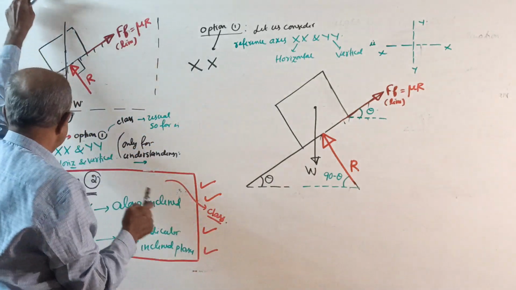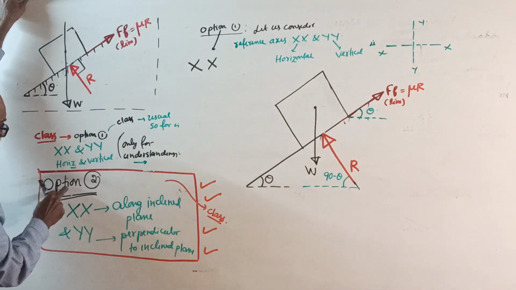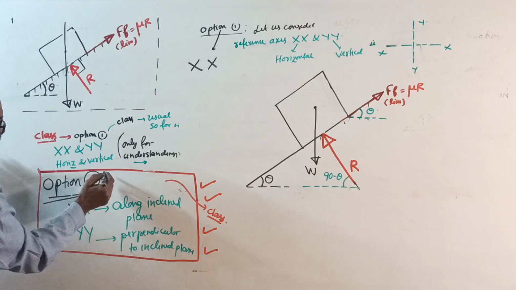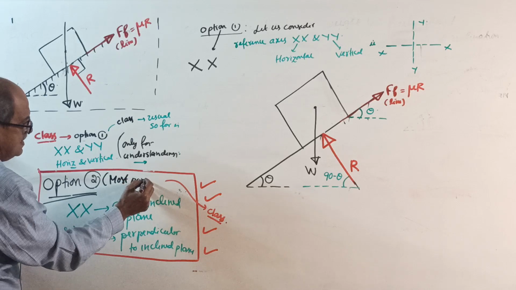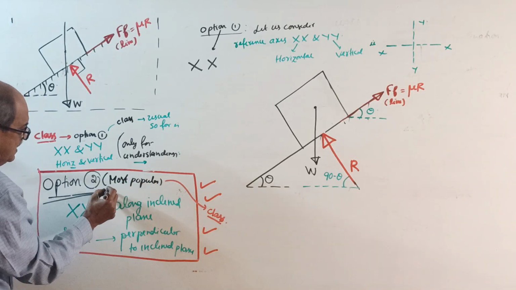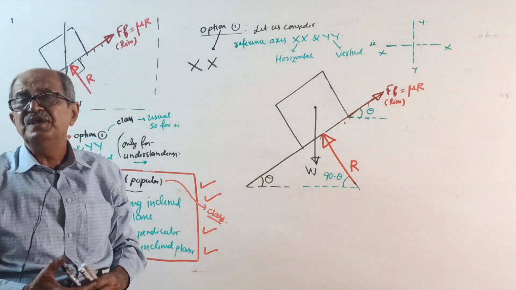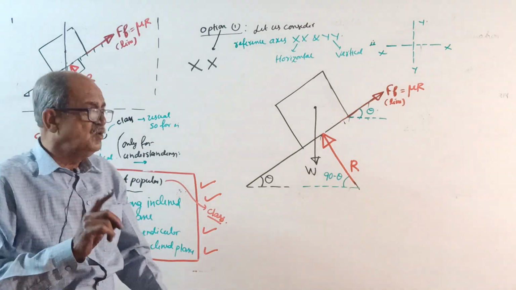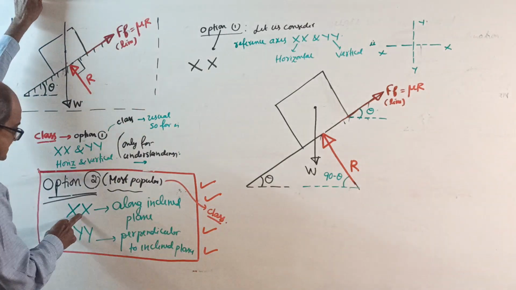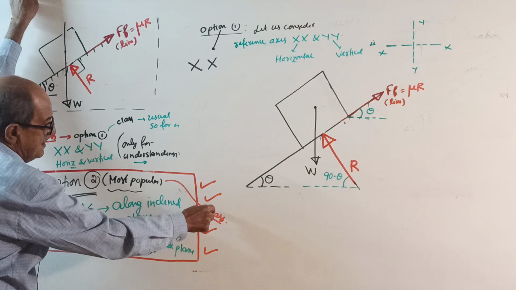Now start, and then write option 2. I wrote it big here. Option 2 is the most popular and considered everywhere. In any textbook, when one inclined plane is there, people always go for this one: x along the inclined plane, y perpendicular.